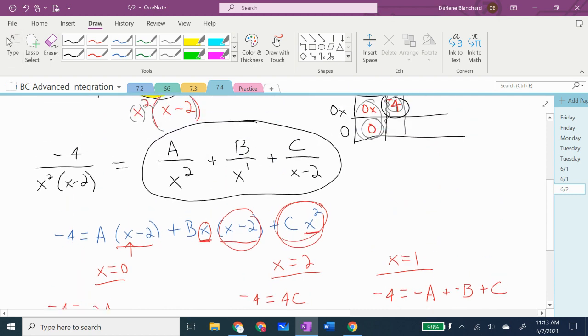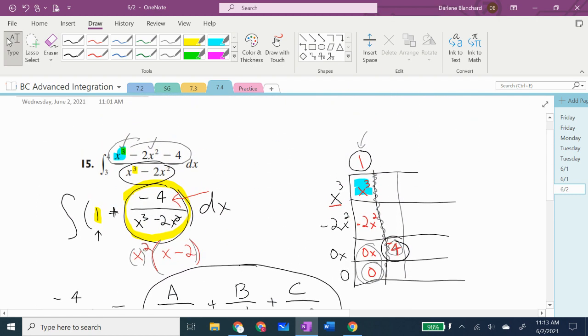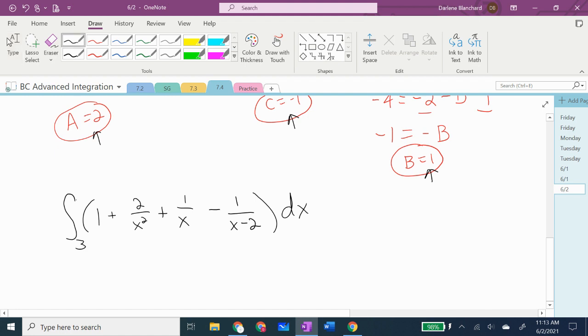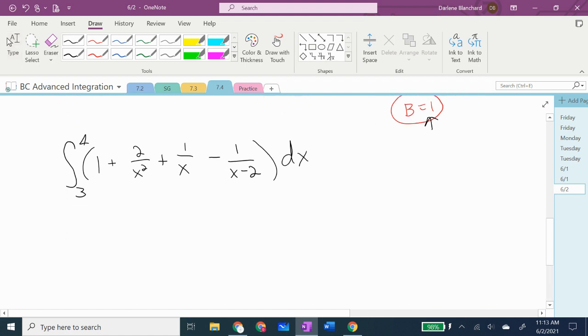Now, I am solving a definite integral, and it is 3 to 4, so I'm going to put the 3 to 4 on, and I am ready, finally, to go through the integration.